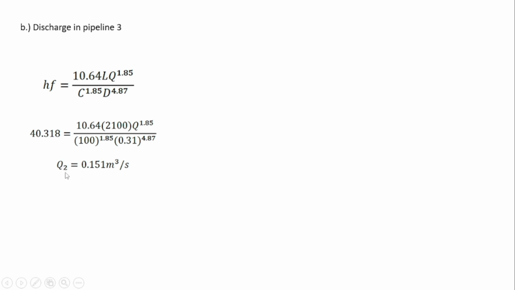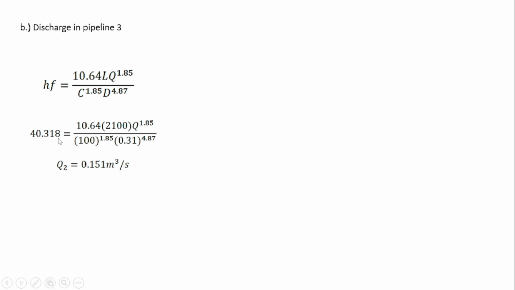We need to find this value because we have the relationship Q1 is equal to Q2 plus Q3. Since we have the value of Q1, we need to find the value of Q2 in order to find the discharge in pipeline 3. So since we now have the value of major head loss 2 in pipe 2, we can solve for the discharge in pipe 2.